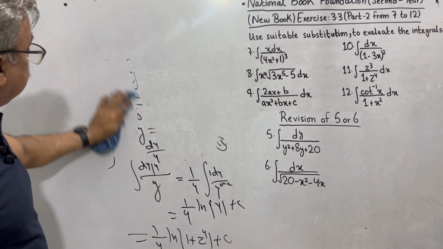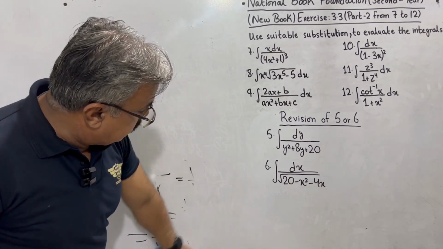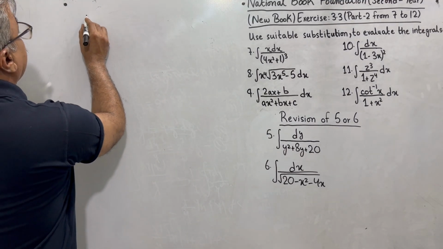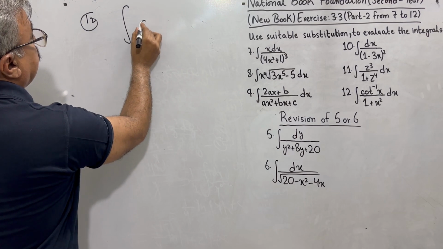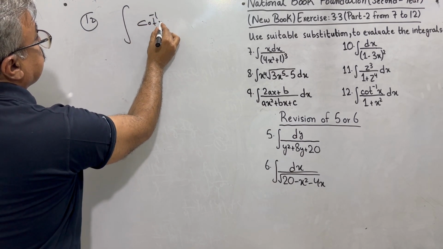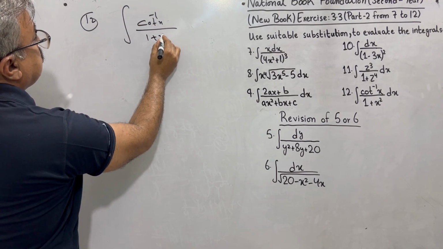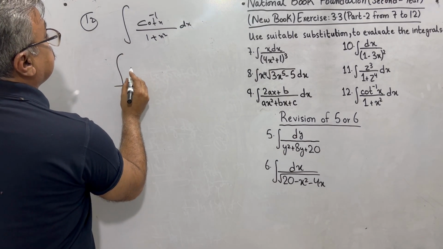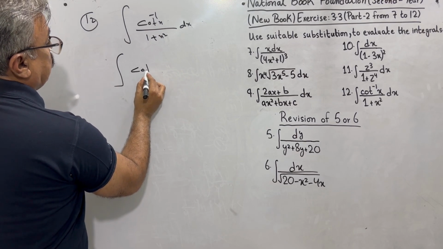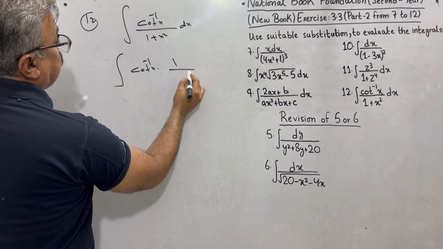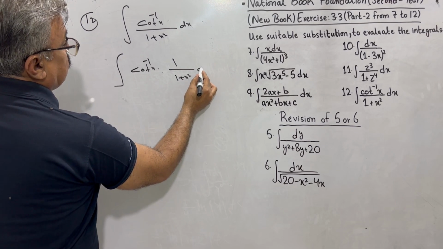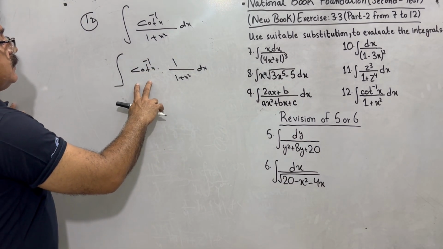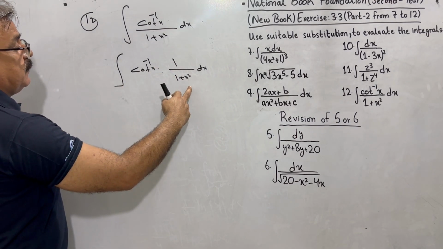Okay, question number 12. We are done with exercise 3.3, and that is 12: cot inverse x overall 1 plus x square. Negotiate the term in a good fashion. Cot inverse x, I can write this as cot inverse x times 1 over 1 plus x square. Differentiation of cot inverse x is negative 1 over 1 plus x square.